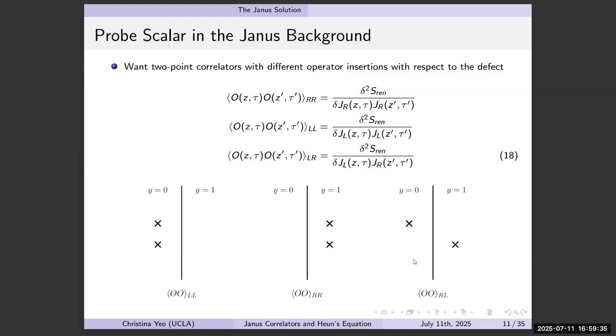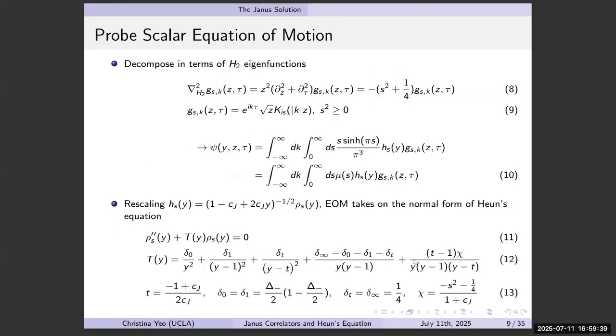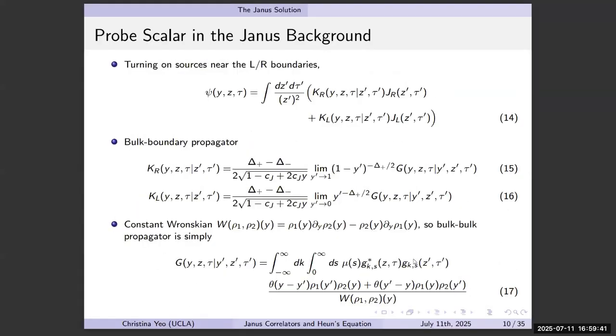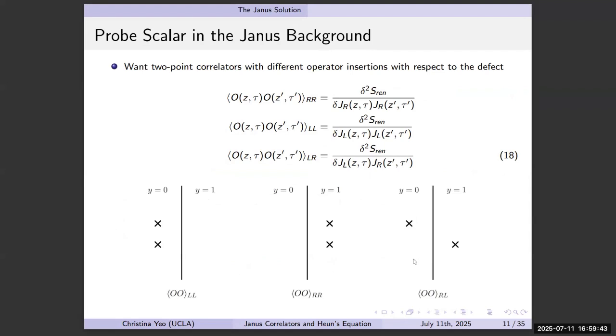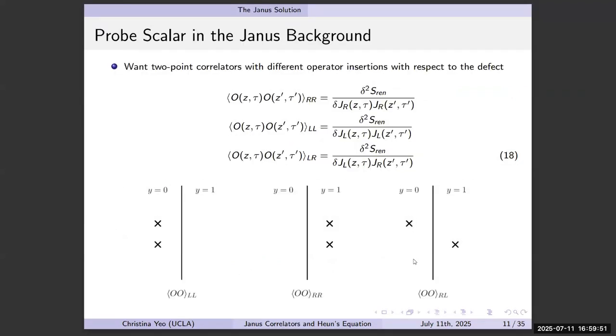So that is what we're after. And because we have this equation of motion, we are going to need to get the connection coefficients to solve for these 2-point correlation functions. So essentially, you have some analytical form of the bulk-boundary operator, the propagators.